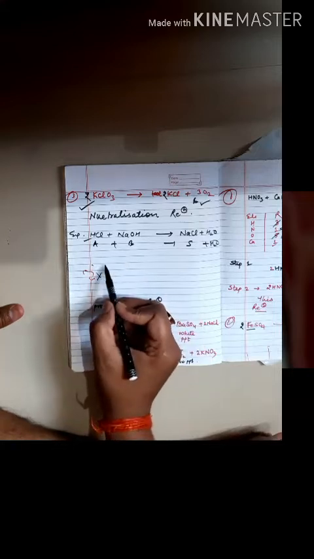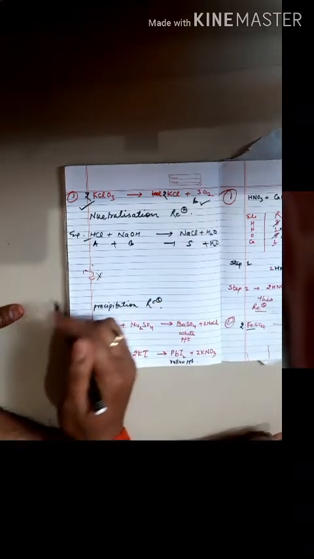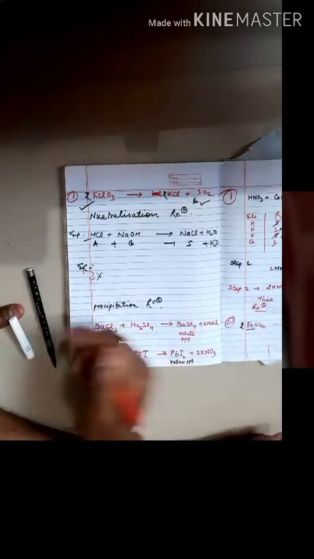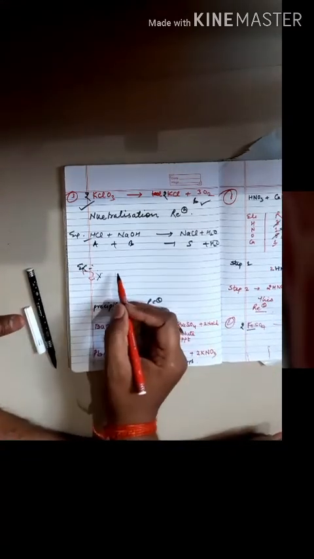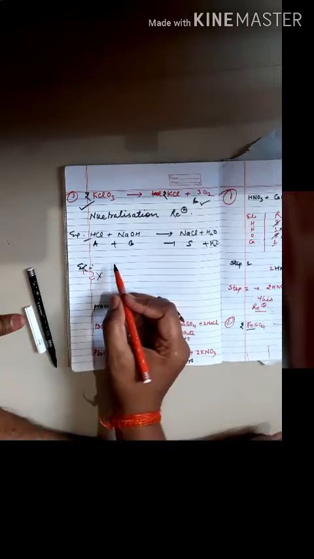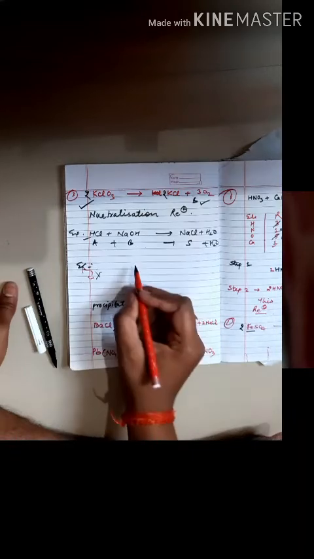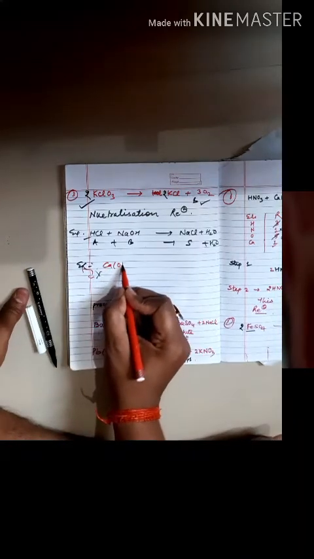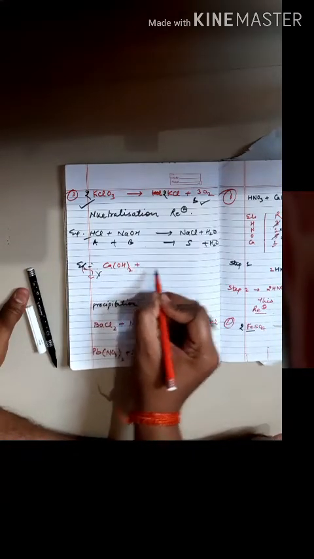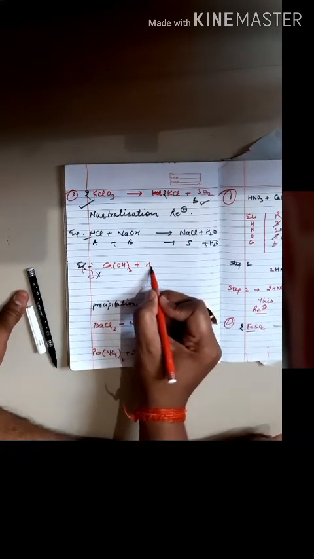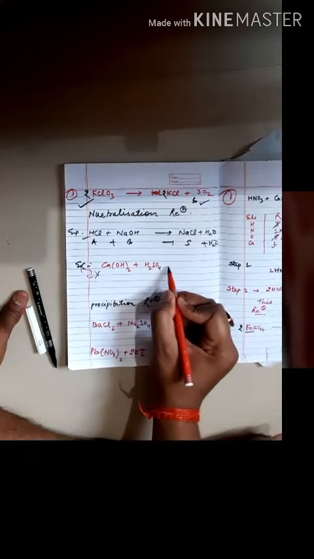If you take another example, you can take any acid and any base. For example, I have put here Ca(OH)2 plus H2SO4, sulfuric acid.